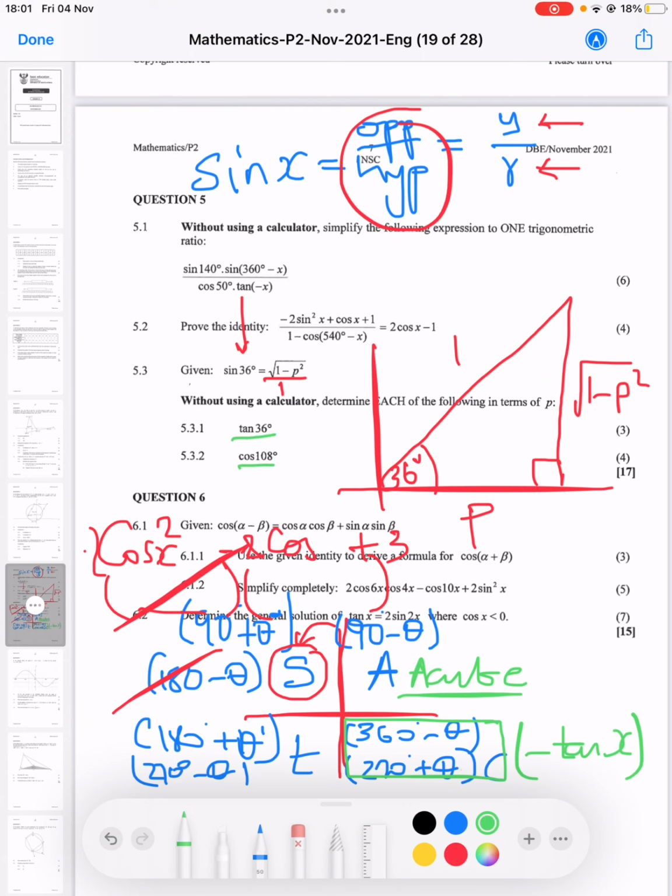For example, you know that tan of 36 degrees, tan is opposite over adjacent, and in this case opposite is y, adjacent is x, meaning you have all of these divided by the p. That's how you score yourself your first 3 marks.